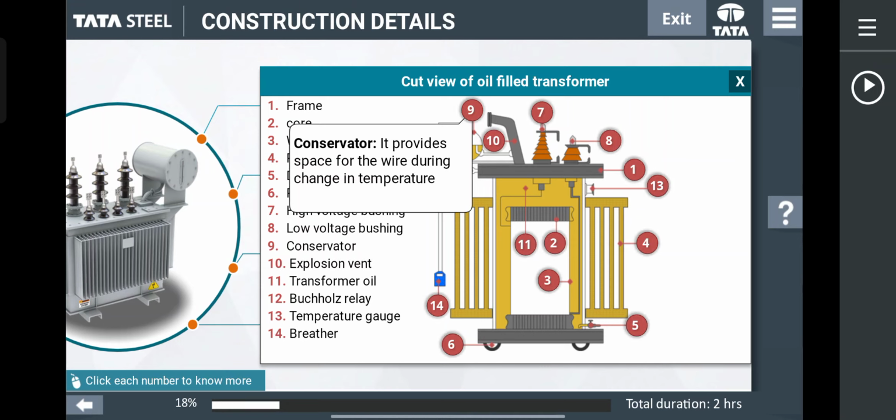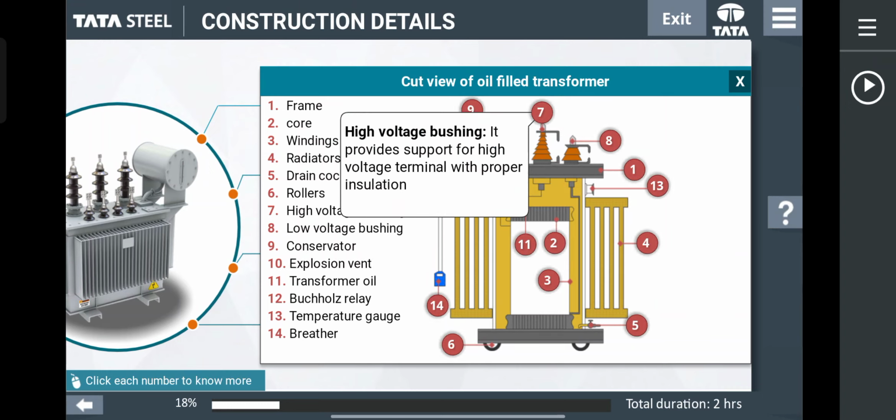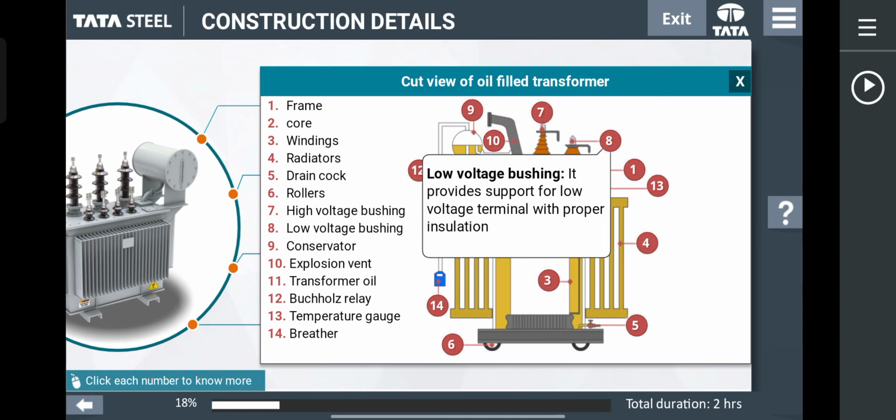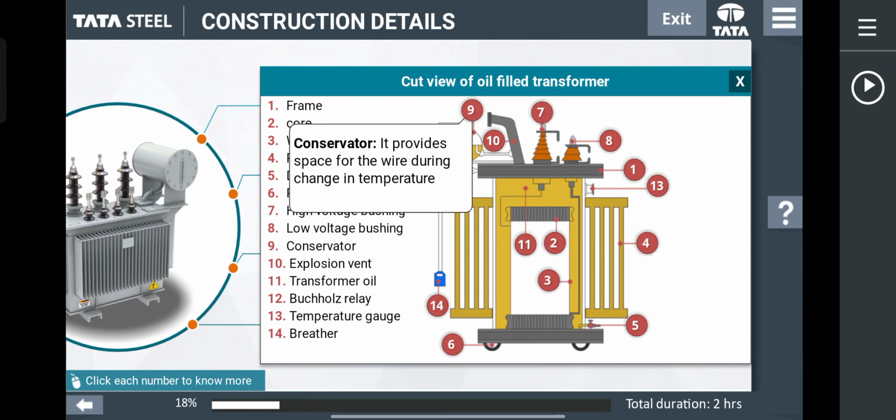Conservator. It provides space for the wire during change in temperature.